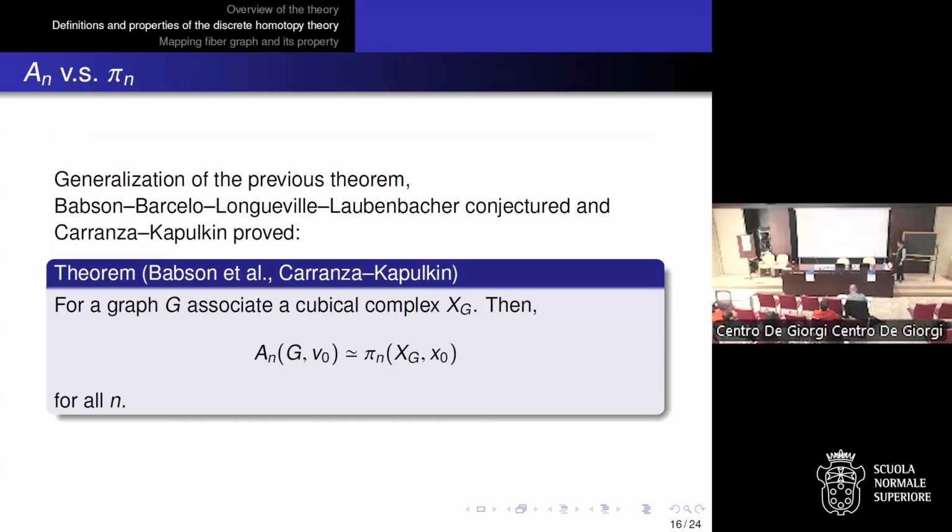So this X_G is somehow a geometric model of these homotopy groups. But the problem is, of course, what is this complex? So this is the problem for now. But anyway, this is not only a combinatorial invariant, but can also be seen as a geometric invariant.